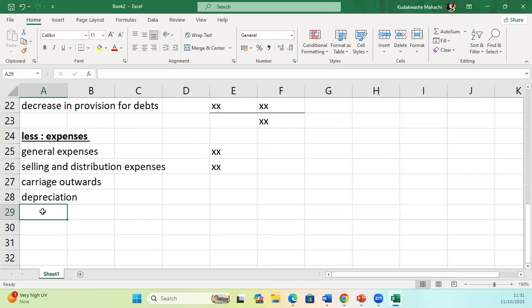Another expense we also have is increase in provision.